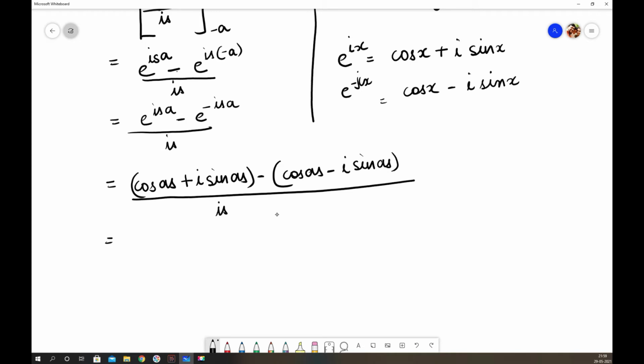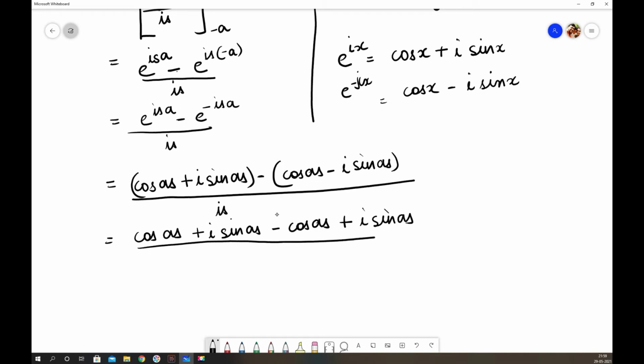Now what do I do? Cos sa plus i sin sa. I take this minus inside, so it becomes minus cos sa plus, minus times minus is plus, i sin sa. There is a common denominator again, and it is is.